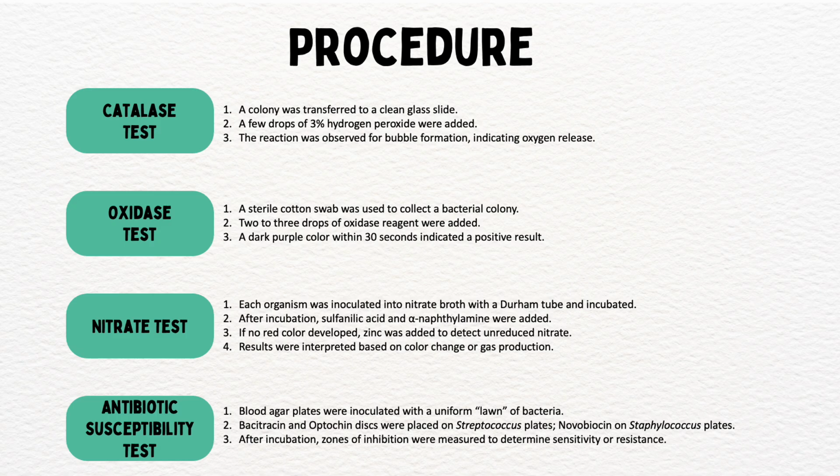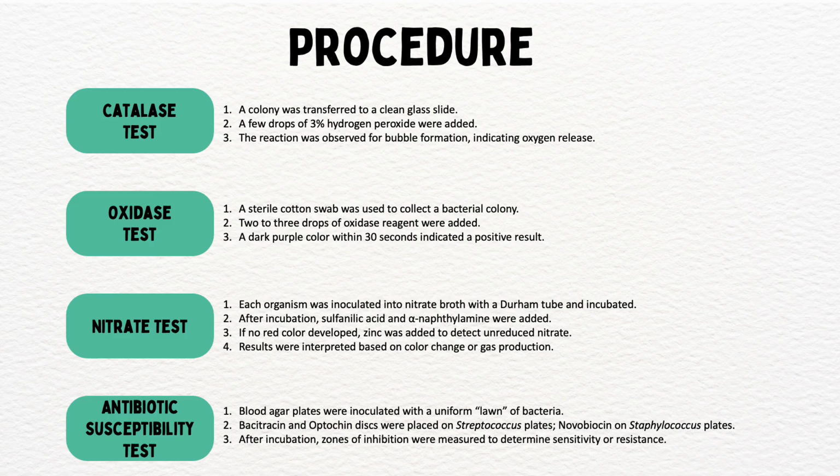Now for the nitrate test, one, each organism was inoculated into nitrate broth with Durham tube and incubated. Two, after incubation, sulfanilic acid and alpha naphthylamine were added. And three, if no color developed, zinc was added to detect unreduced nitrate. Four, results were interpreted based on color change or gas production.